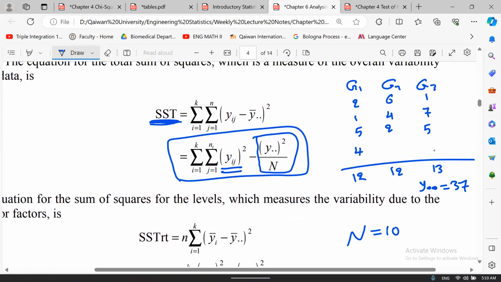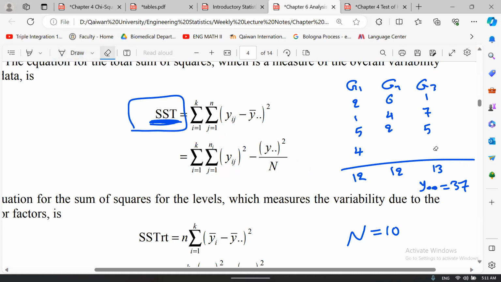Now, we say SST is the sum of squares. We just find the square of each element, and then we find the sum of them, and then minus Y double dot squared divided by N. So what's Y11?